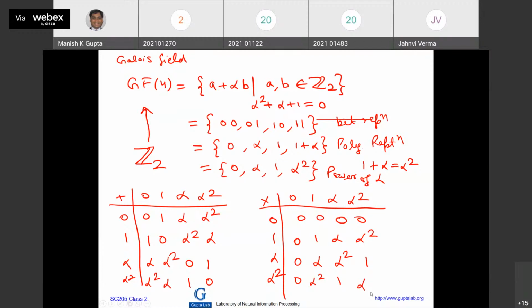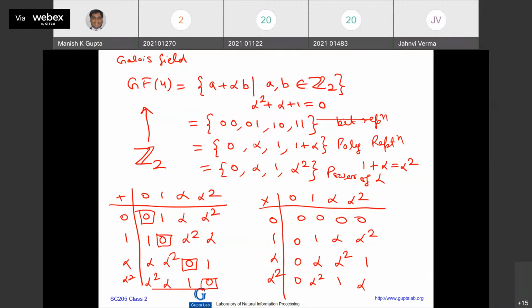Now we can check whether this is actually a field or not. Each element should have an additive inverse, and of course the additive identity is 0, which is visible. 0 is self-invertive with respect to addition. 1 is self-invertive, alpha is self-invertive, and alpha square is self-invertive with respect to addition.